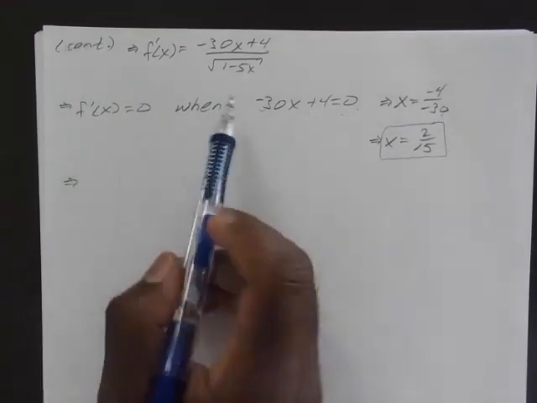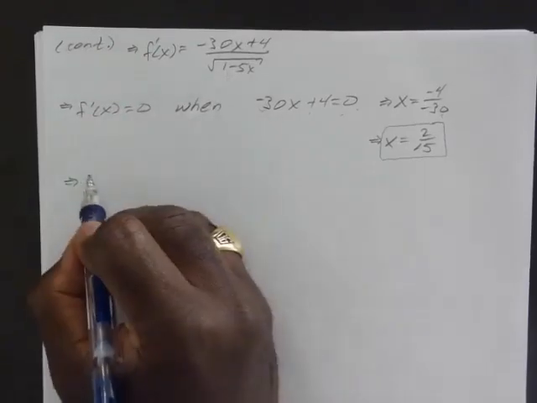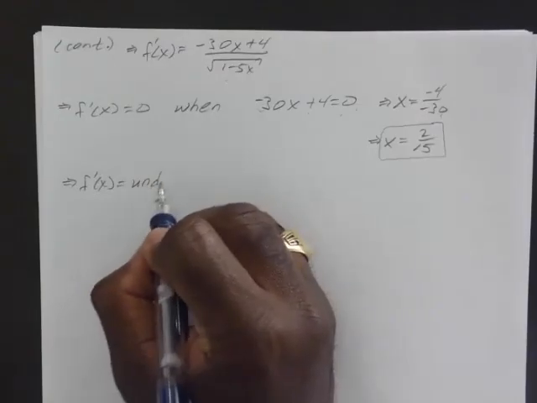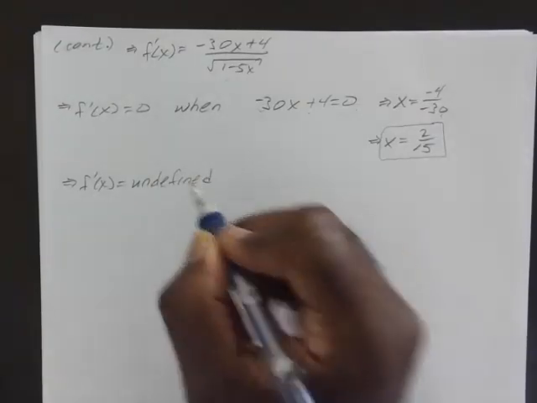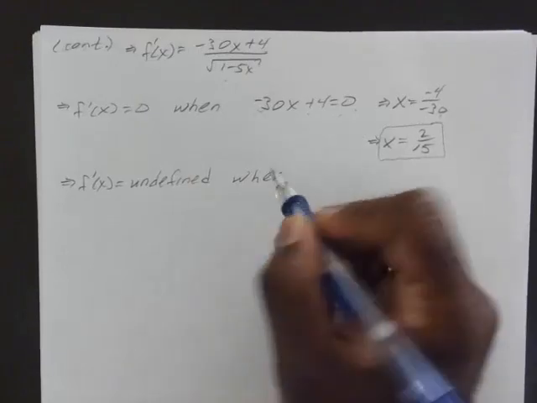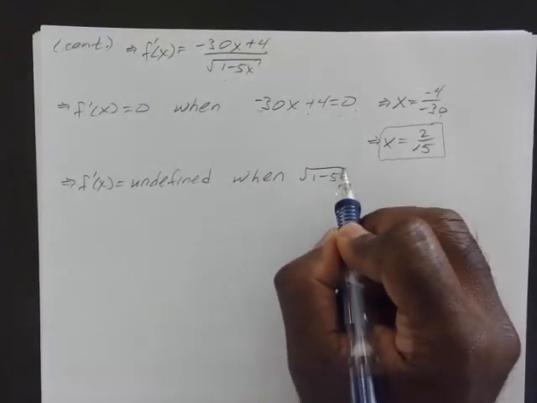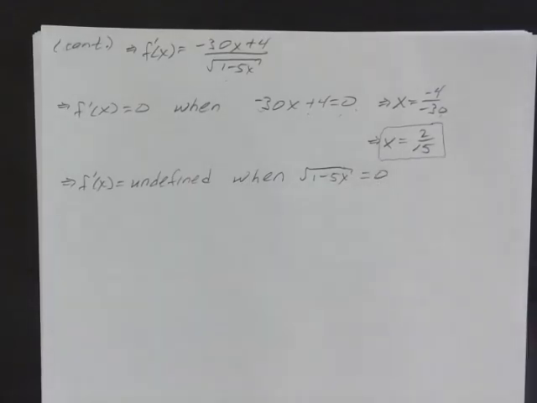Okay, but we can also tell here that the derivative is undefined when the square root of 1 minus 5x is equal to 0.